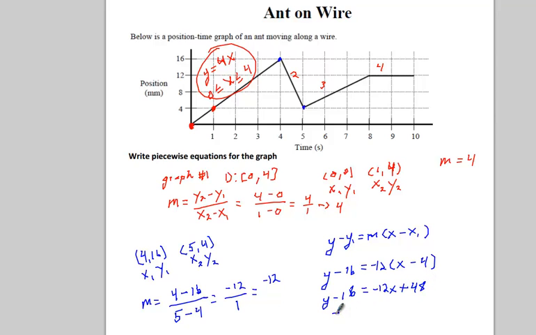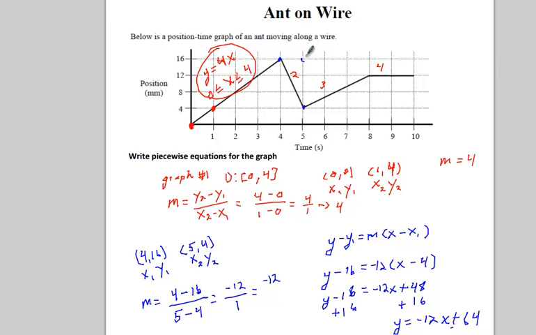Lastly, all I have to do is add 16 to both sides. That comes out nicely. So I get y is equal to negative 12x plus 64. Now remember, you still need to give me the domain.